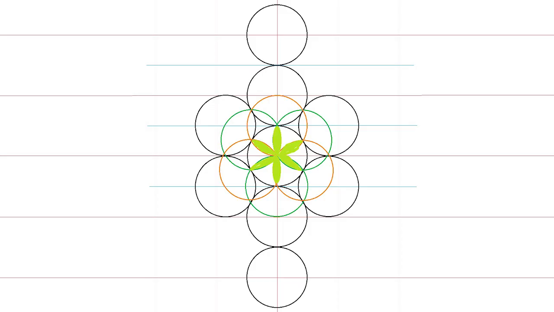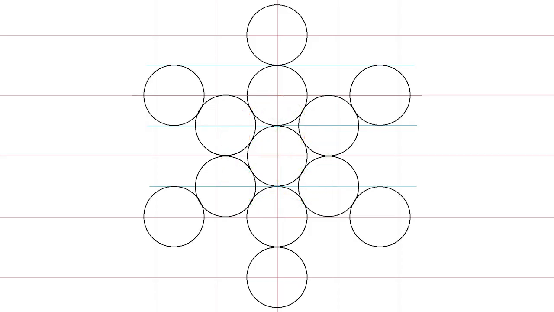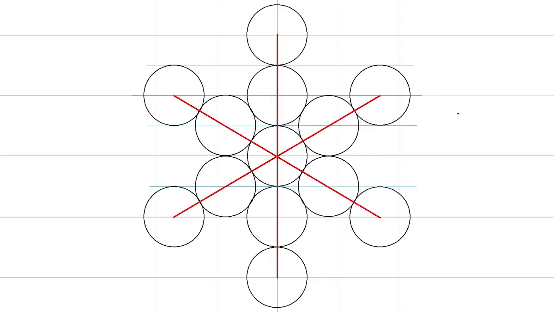But I mention it because the same thing applies to the Metatron cube, which is created by adding more circles. So here we have a total of 13. And by joining the centres of every circle to every other circle, beginning with the centre 6 circles and ending with the outer circles, we end up with a grid.